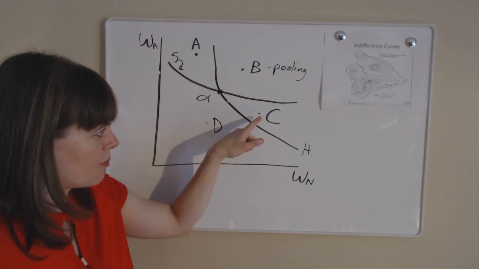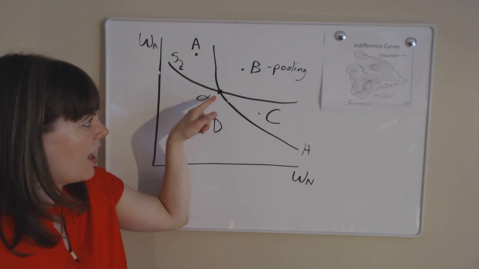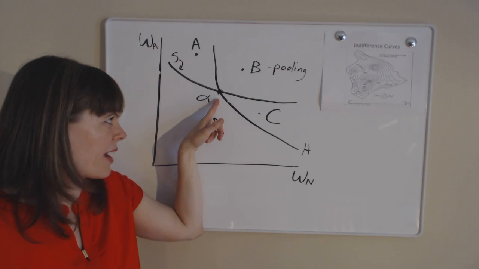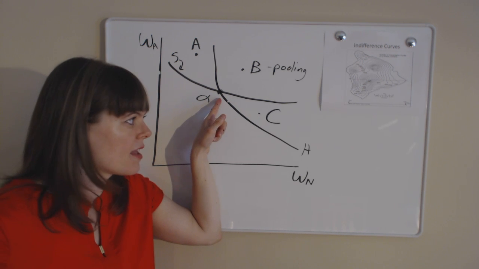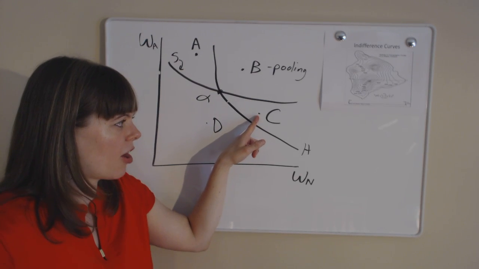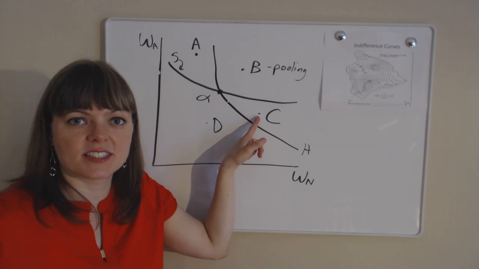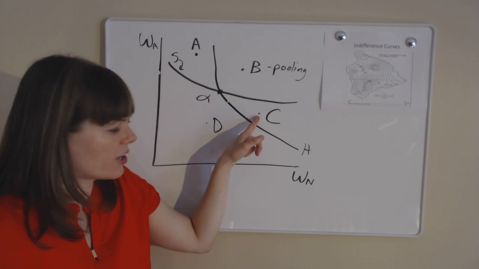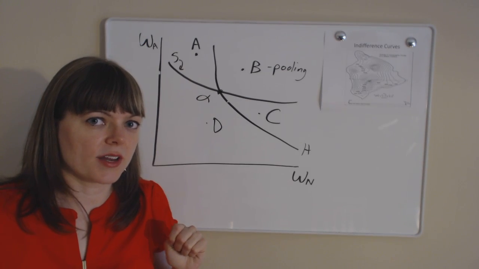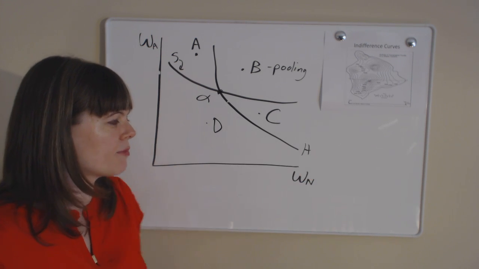So let's check point C. If everybody has an insurance package that puts them at point alpha, and we as an insurance company offer package C right here, the question is, who is going to be attracted to it? Once again, let's start with our healthy people.